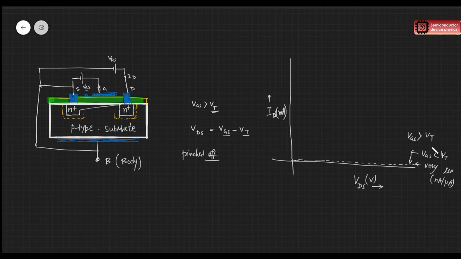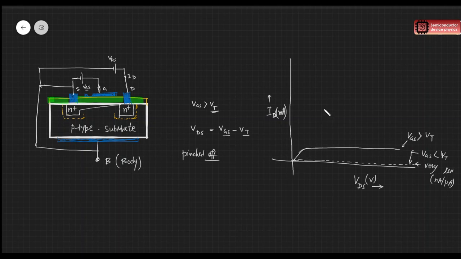Now it is greater than VT, that is threshold voltage, so inversion happened. At that condition, initially the current rises linearly for lower VDS, but as soon as the pinch-off condition comes, the drain current saturates and flows like this, right?